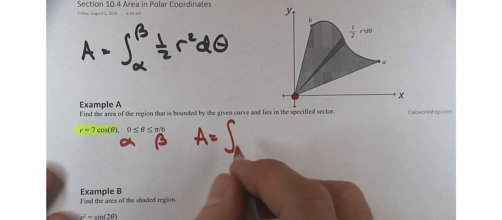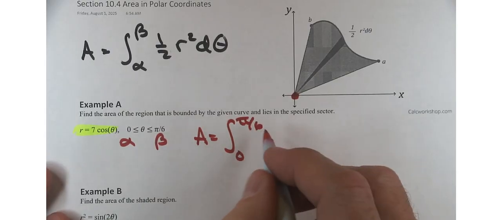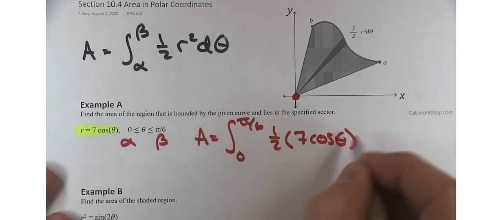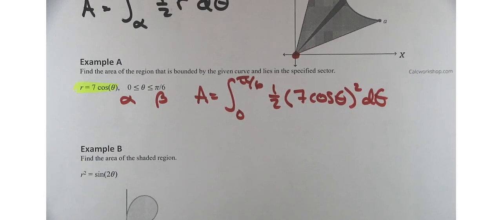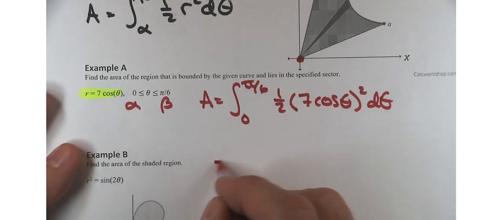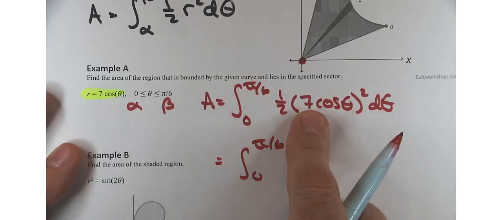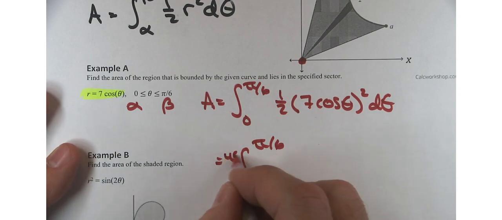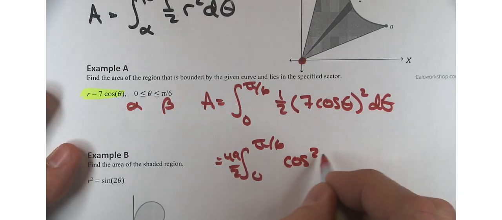A equals the integral from 0 to pi over 6 of 1/2 of 7 cosine of theta squared d theta. Okay, great. Let's square this out. 0 to pi over 6. 7 squared is going to be 49. 49 divided by 2. Let me take that out front. 49 over 2 times cosine squared of theta, d theta.